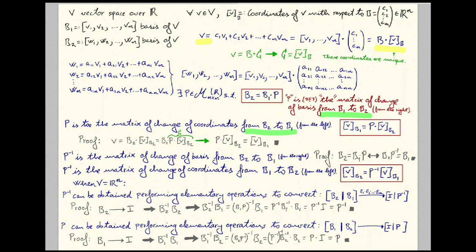Be aware that in some books they change the notation. In some books they call this the P minus 1 and they call this the P. The reason why they do this is because they start explaining all this for the change of coordinates.